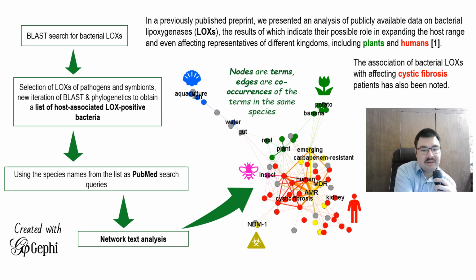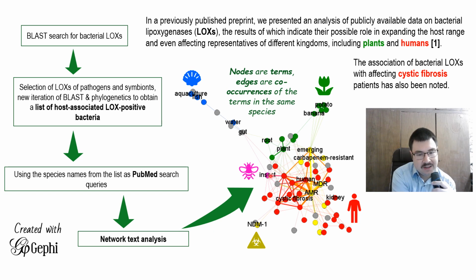Then the resulting abstracts were used for network text analysis, where nodes are terms characterizing the ecophysiology of the respective bacteria, and the edges were co-occurrences of the terms in the same species.